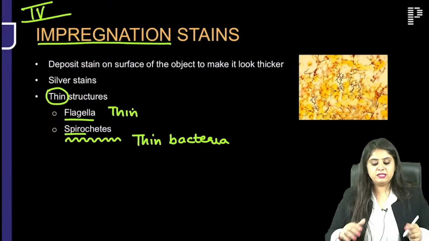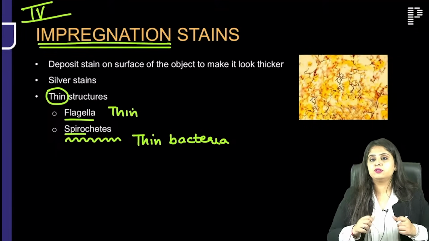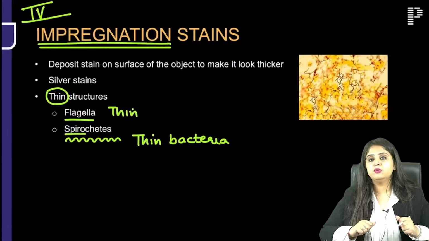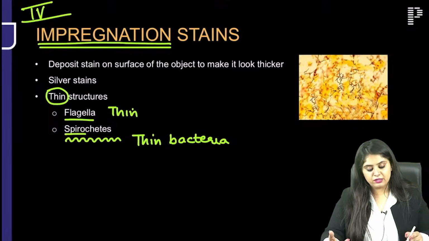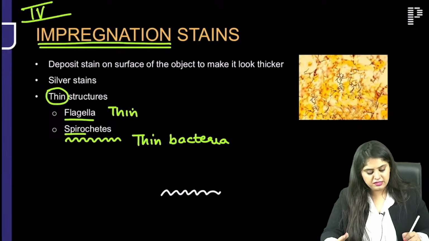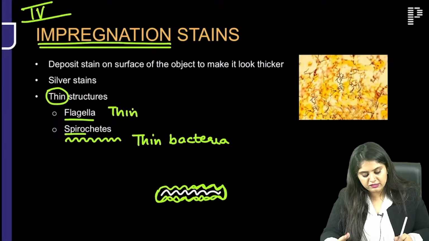I impregnated it with so many things that it started looking motu, golu, big. And the reason is that I made it big so that I could look at it. So for example, if something is very thin like this, I am going to add clothes on top of it. I am going to make it wear big jackets and big coats, so that now what I see is a big thick structure.